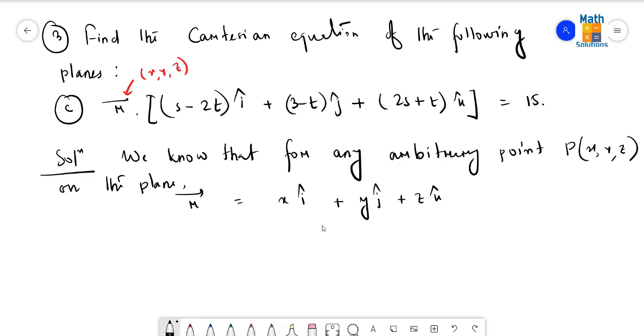So if I substitute this value in the main expression given, it will get converted into the Cartesian equation.